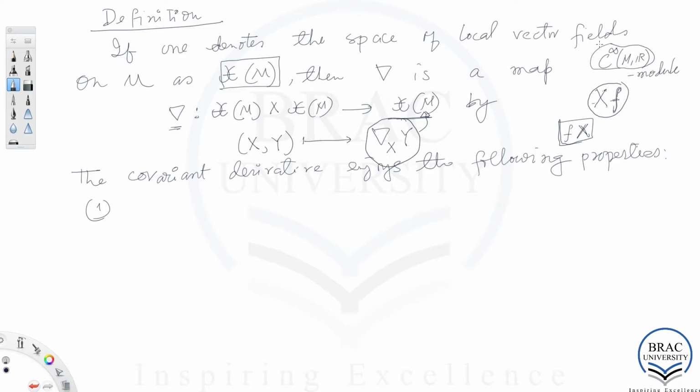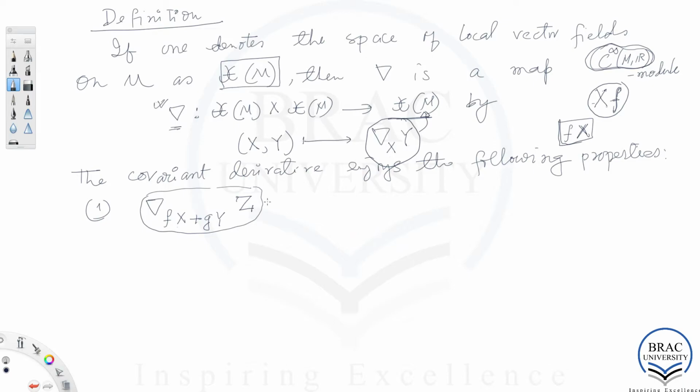So from what we have discussed so far, we see that fX plus gY, where X and Y are vector fields and f and g are real valued smooth functions on the manifold, is another vector field, and Z is a vector field. So this whole thing is supposed to be a vector field from the definition of this covariant derivative map.